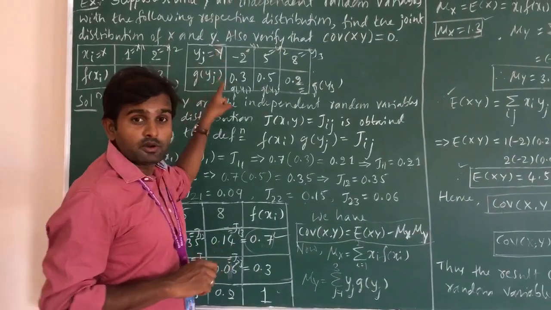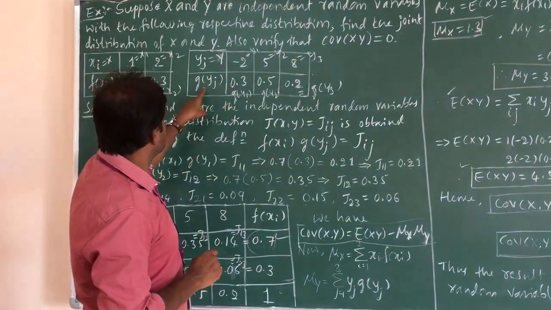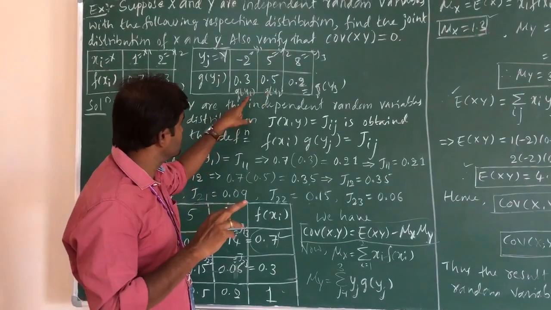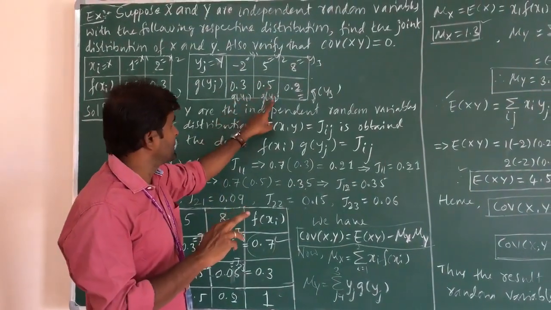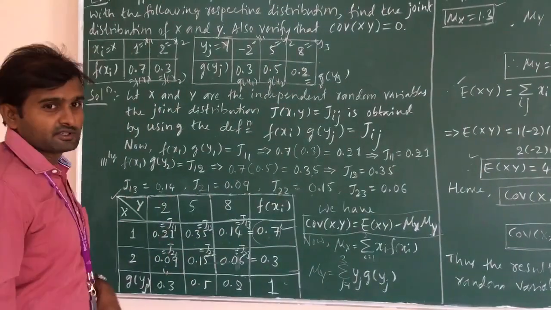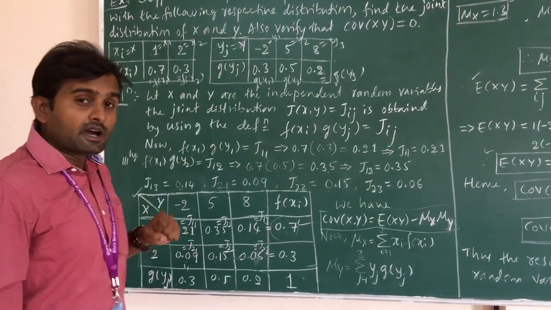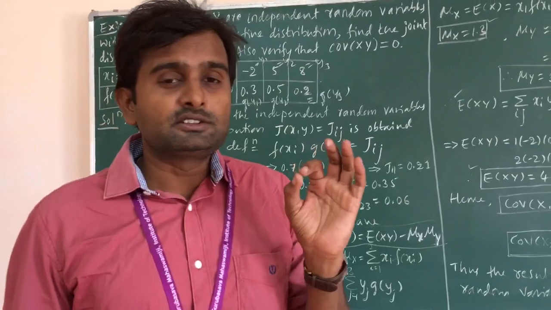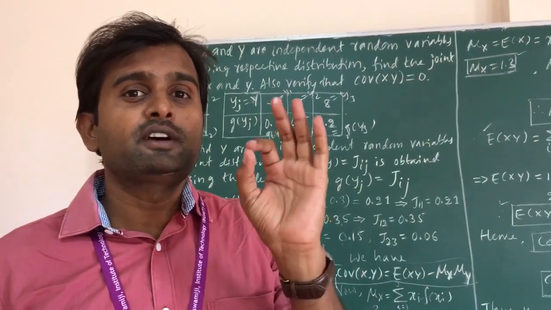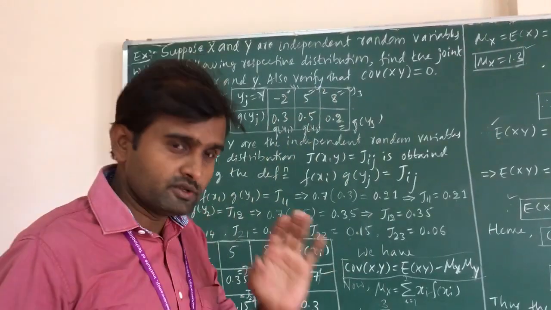Similarly for y, g of y1 is 0.3, g of y2 is 0.5, g of y3 is 0.2. This is the given data. Our aim is to find the joint distribution and also verify that covariance of x, y equals 0.